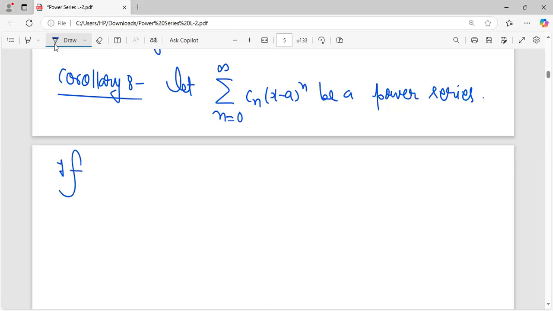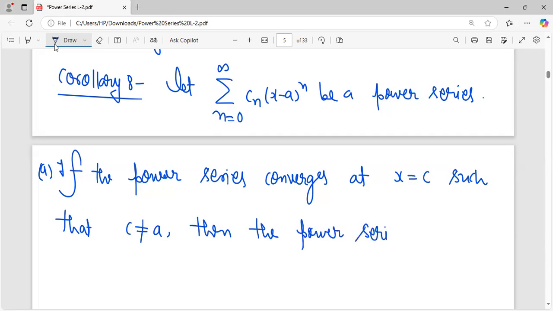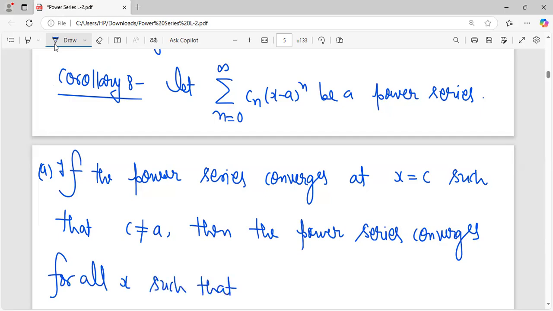If the power series converges at x is equal to c such that c is not equal to a, then the power series converges for all x such that the absolute value of x minus a is strictly less than the absolute value of c minus a. This can be proved in a similar manner.